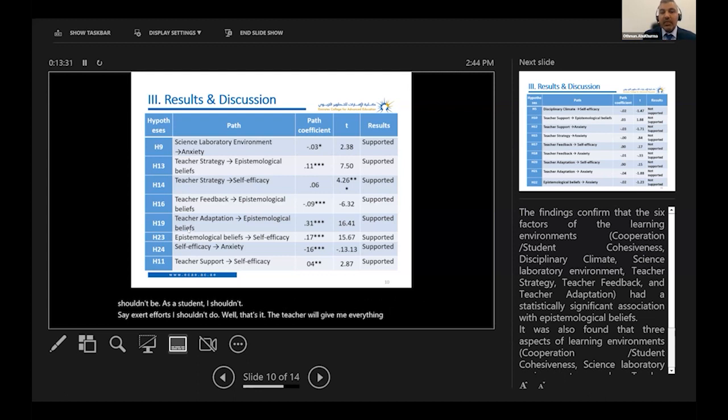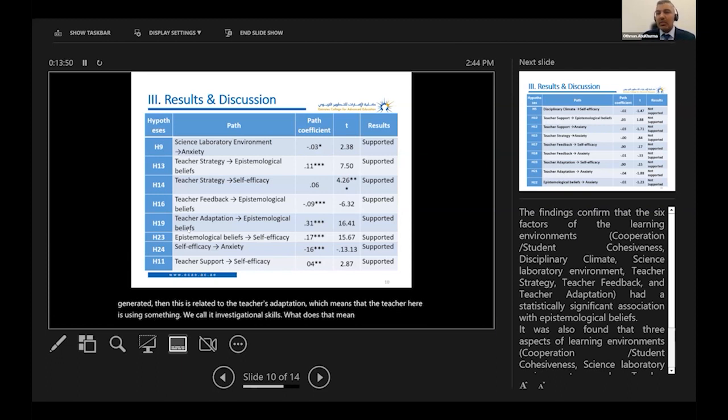But here it says that if students feel that the science or the information can be increased, can be generated, then this is related to the teacher's adaptation, which means that the teacher here is using something we call investigational skills. What does that mean?